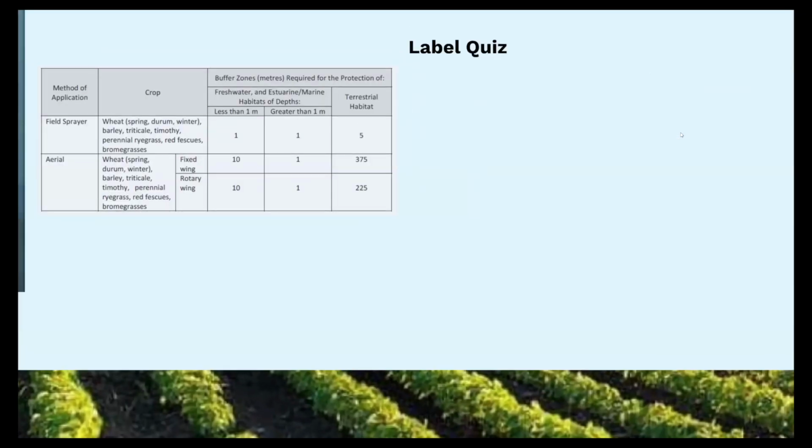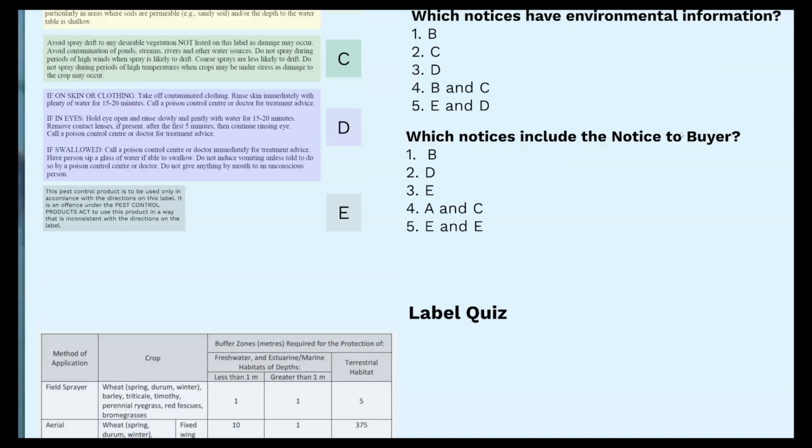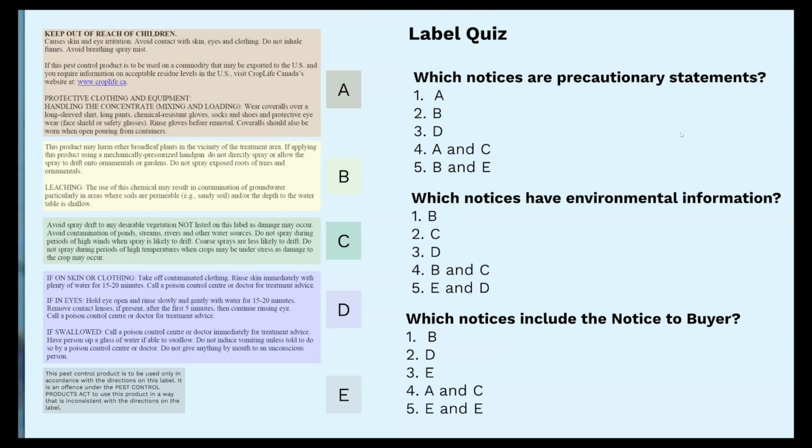Okay, here we go. Then the second question is, which notices have environmental information? And the third question, which notices include the notice to buyer?